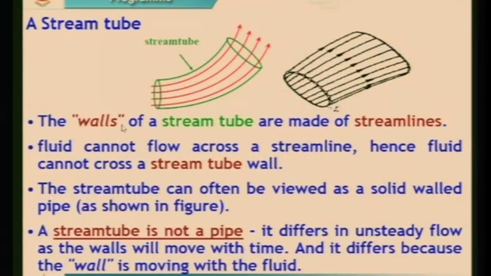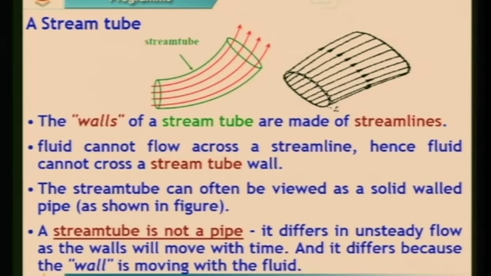So the walls of a stream tube are made of streamlines. Fluid cannot flow across a streamline, hence fluid cannot cross a stream tube wall. Definitely if it is a pipe, the flow will not come out from anywhere unless it is punctured. So the stream tube can often be viewed as a solid walled pipe.